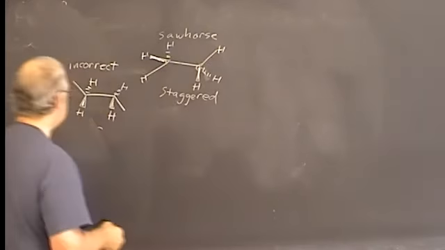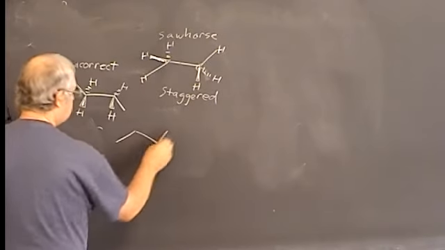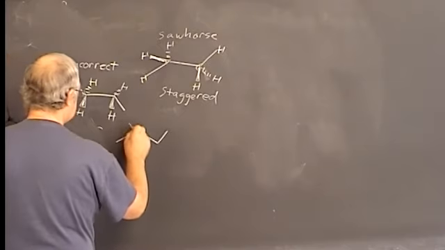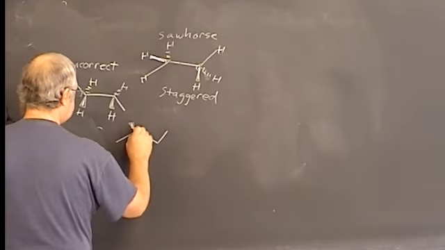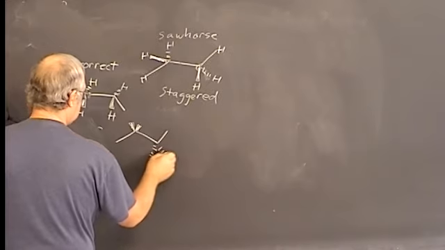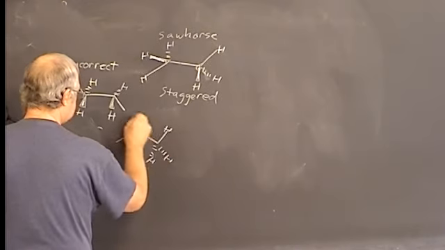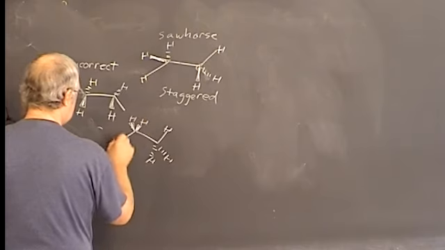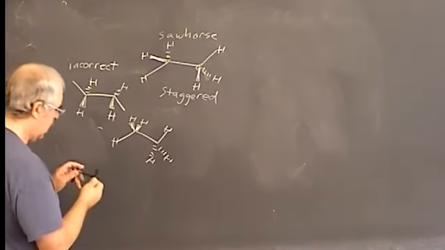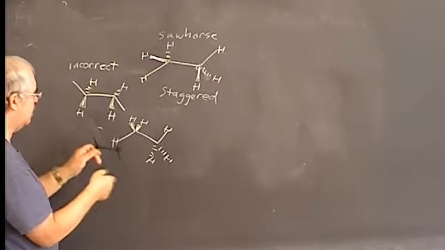Also, we cannot have two dashes or two wedges on the same carbon. This is also incorrect. And as you'll see from the model, this is actually impossible.